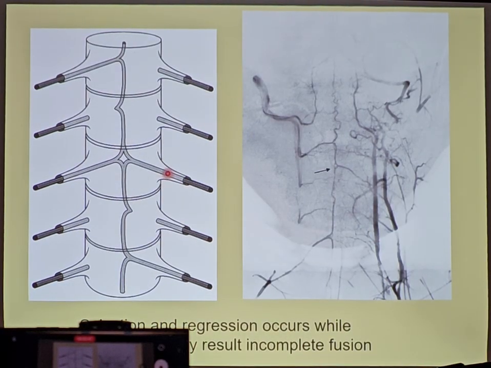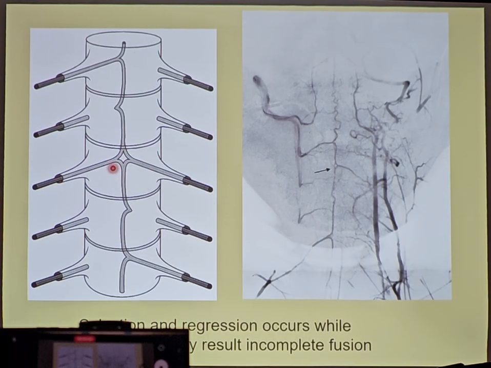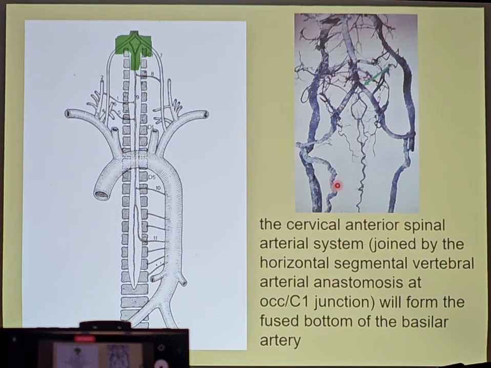When you have a persistence of supply in the midline, you will often see this fenestration type of appearance resulting from flow coming in from both sides. You can see it on the angiogram.